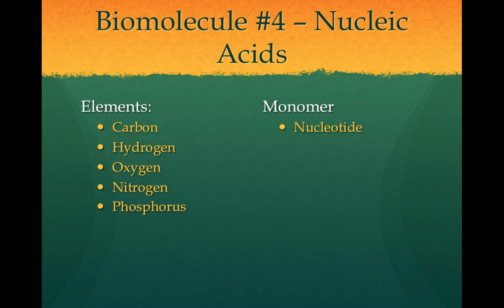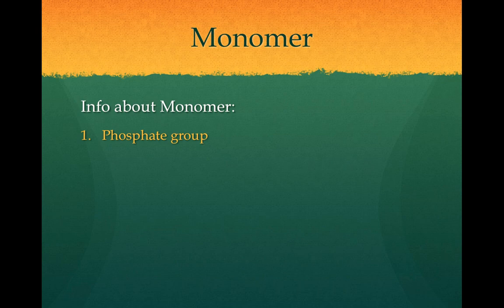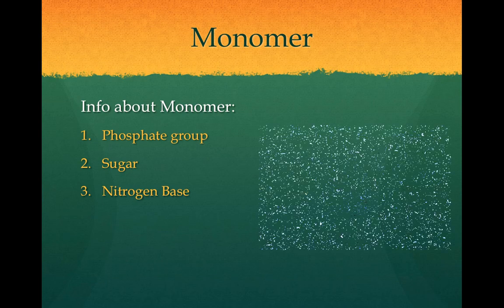There's some stuff we are going to need to know about nucleotides. They have 3 parts. The first one is a phosphate group, so you're going to write that next to number 1. They're going to have a sugar, and they're going to have something called a nitrogen base, which is where the nitrogen that we're talking about is. So you have a phosphate group, a type of sugar, and a nitrogen base.